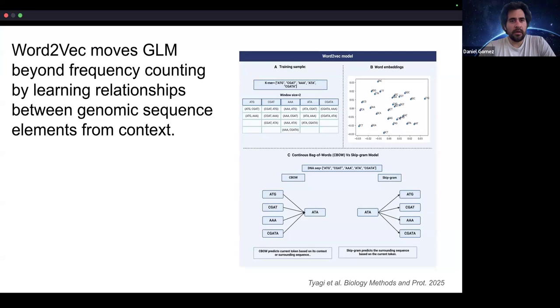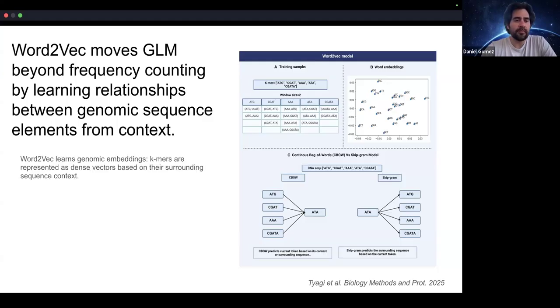Word2vec moves a GLM beyond frequency counting to learn relationships between genomic sequence elements from context. In the word2vec model, a training sample is a k-mer and a window size. We also have word embeddings, and finally, the continuous bag of words and skip-gram models, which we'll go over in a little bit.